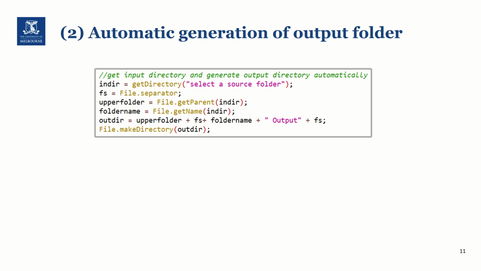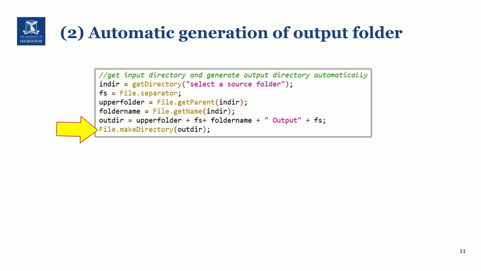And for each function, we can assign the return value into variables. In this way, we can reuse them if we ever need to later on. So I have assigned file separator into fs, path of the parent into upper folder, name of the folder into folder name, then added it all together in the correct order and assigned to a variable called outdir.